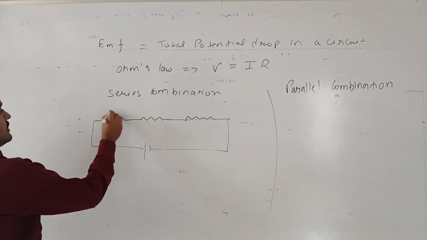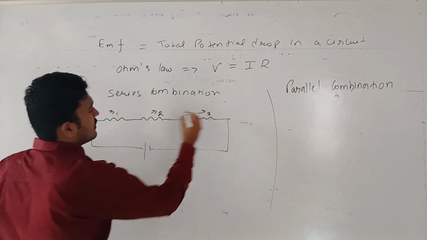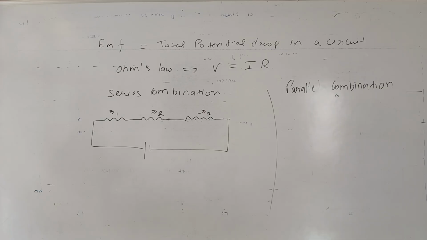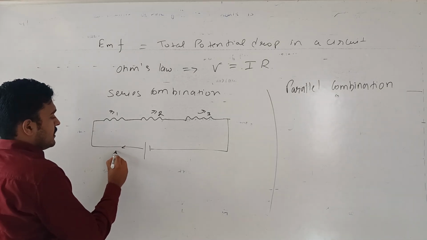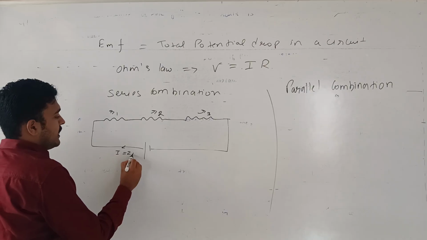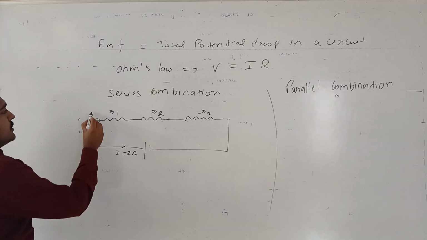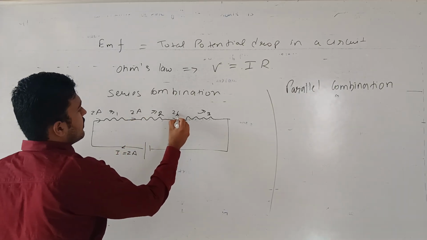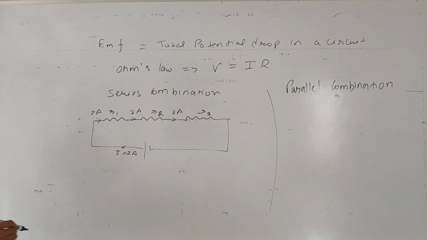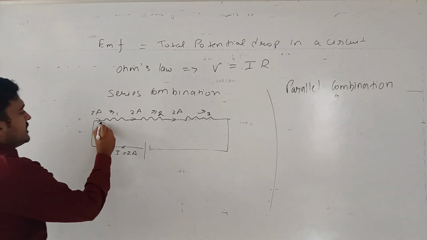What does resistances in series mean? Suppose current I is equal to 2 ampere is coming from the cell, then the same current 2 ampere will flow through each of the following resistances, but the potential difference across each will be different.